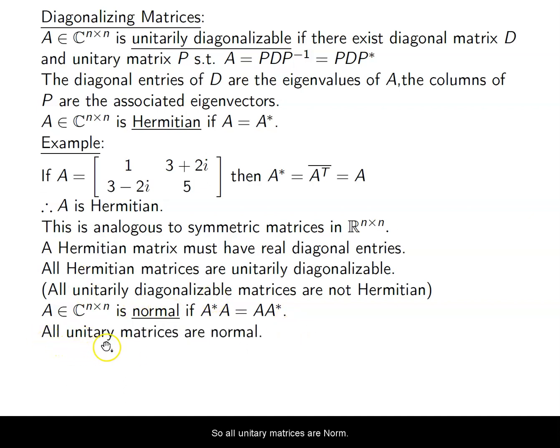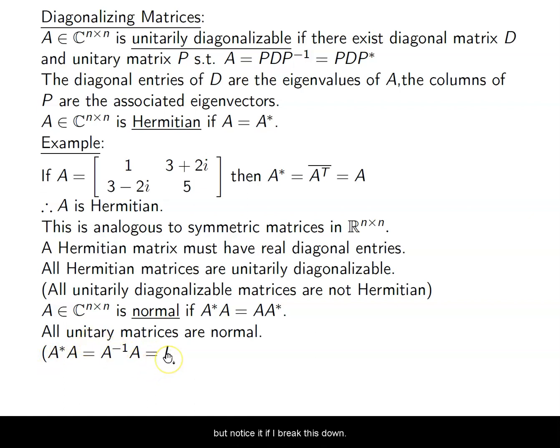So all unitary matrices are normal. Remember, our definition of a unitary matrix is that A star is the same as A inverse. So here A star A is the same as A inverse A, which gets me I, right? That's exactly what I was saying is the easy way for us to check if something is unitary.